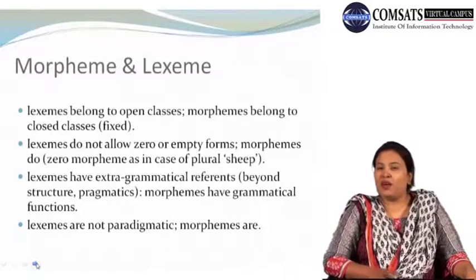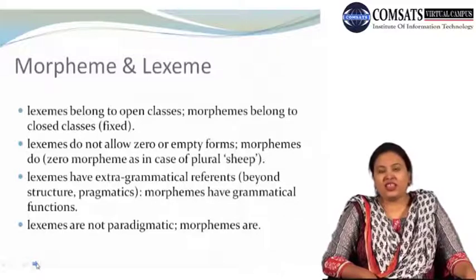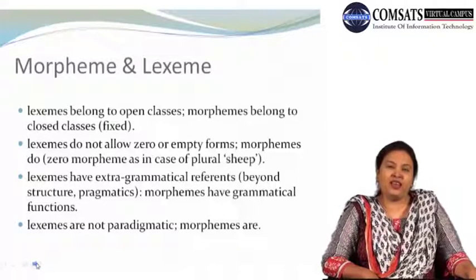So to make a plural, what am I adding? Usually we add s or en, or es sometimes, to make a plural. But in sheep I don't add anything to make it plural. So morphologists say that when sheep is converted from singular to plural form, a zero morpheme is added.